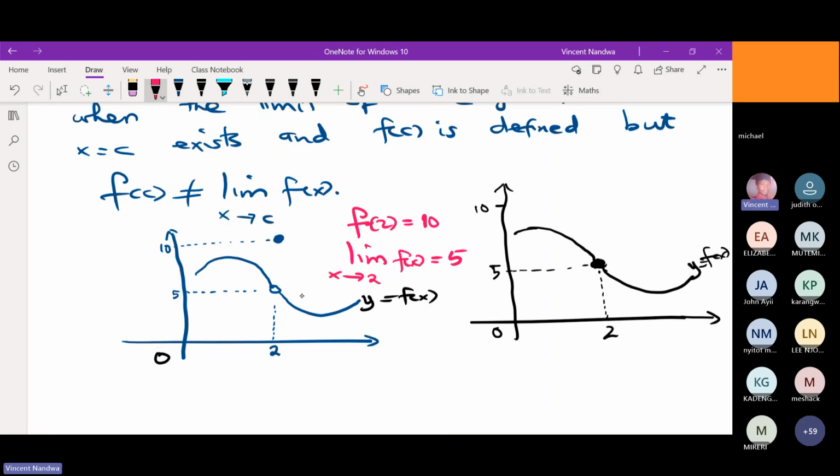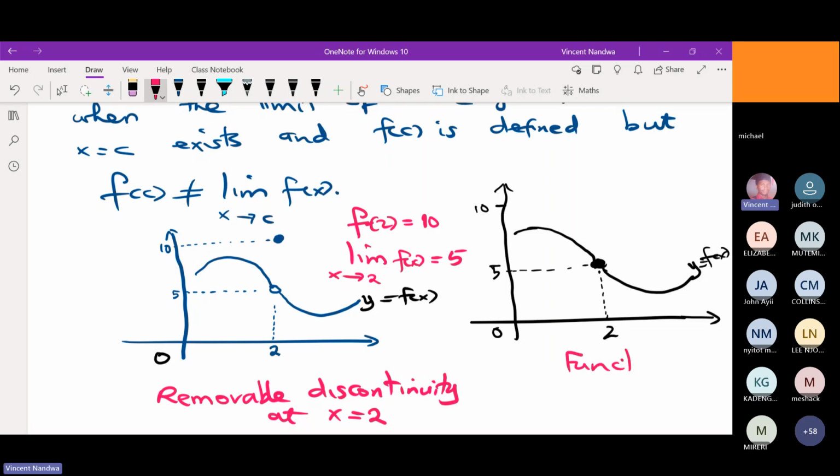So in this case, we say that this is a removable discontinuity at x equals 2. Then here, the function is redefined at x equals 2 to make it continuous.